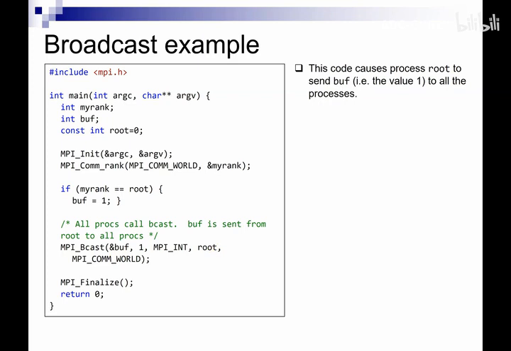But since we're in the SPMD model, all of the other processes, including the non-root processes, are also going to be executing the exact same code. So all of the other processes are also going to execute this line, MPI broadcast, with the root being 0.